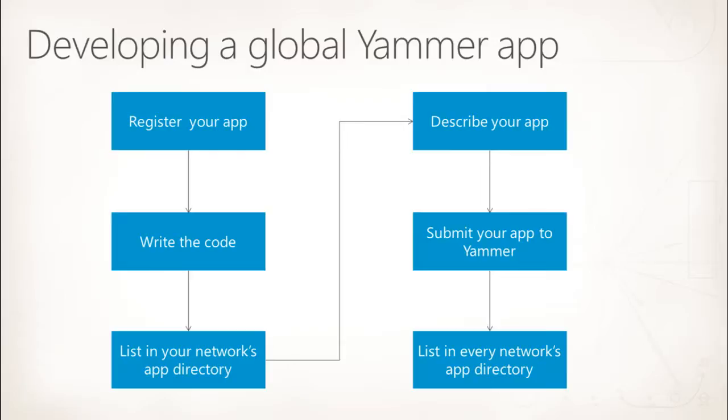Our business development team will look at the functionality of your app and make sure that you're not spamming the feed, and also that if you're storing access tokens, like an admin's or users' access tokens, you're doing it securely. It's a pretty quick review process, but at the end of it, you get to be listed in the app directory that every user can get to in every network, and then any user can install your app.